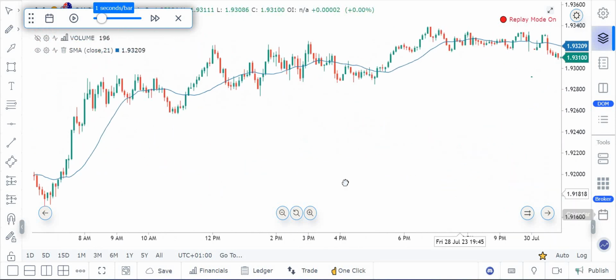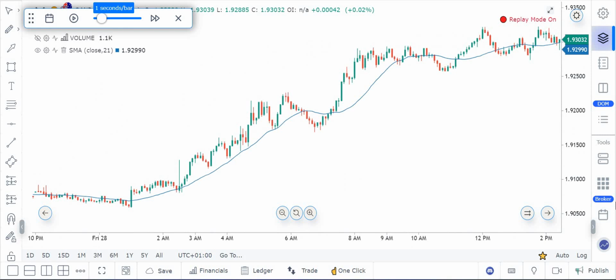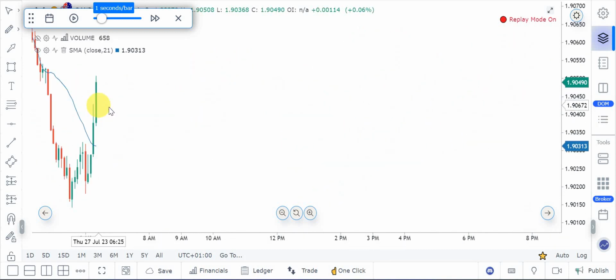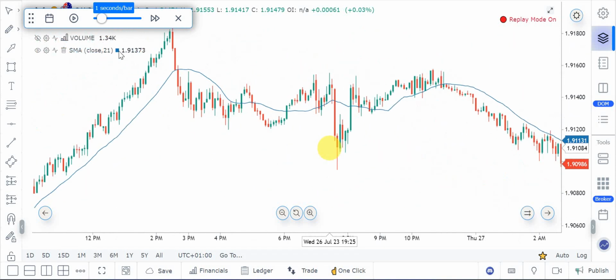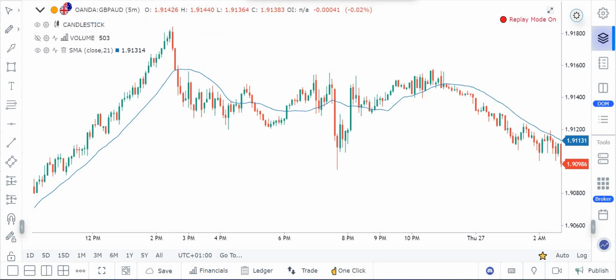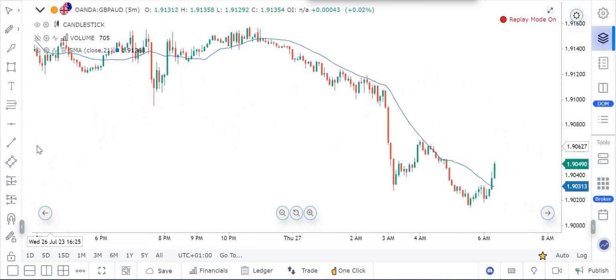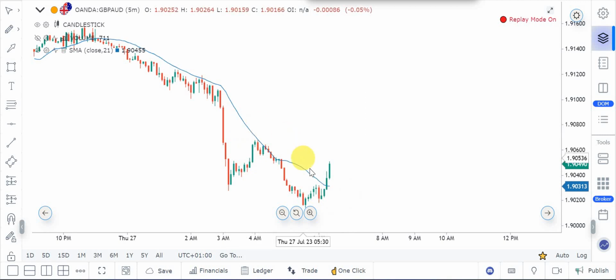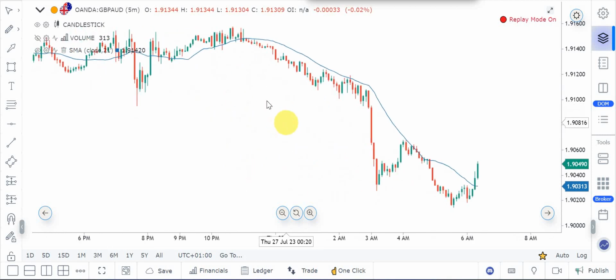Let's just take it backward and start from here. Let's see what we got here. First we put our indicator, which we have done, and now the rules are simple.